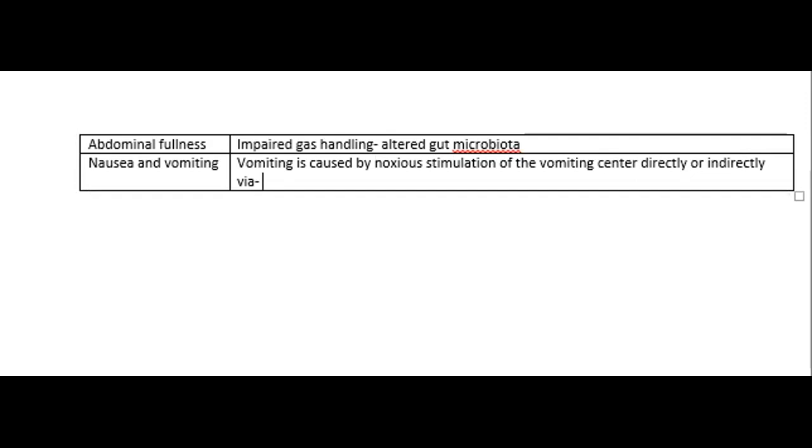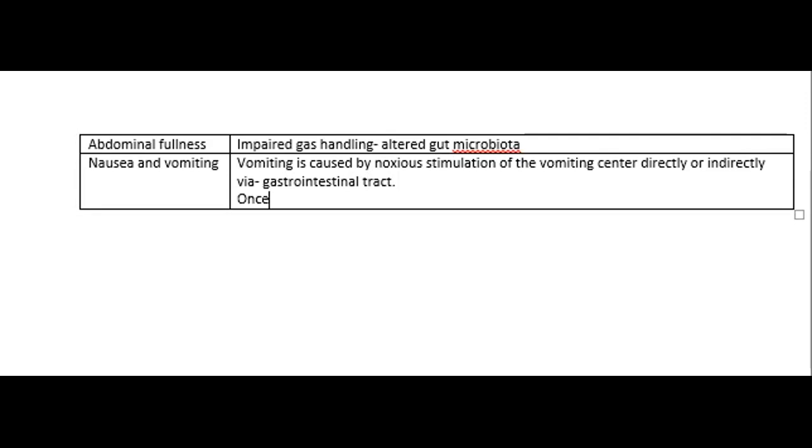One of them is the gastrointestinal tract. Once the receptors in the gastrointestinal tract are activated, for example in this disease by H. pylori infections, there is some unwanted thing happening in the stomach.